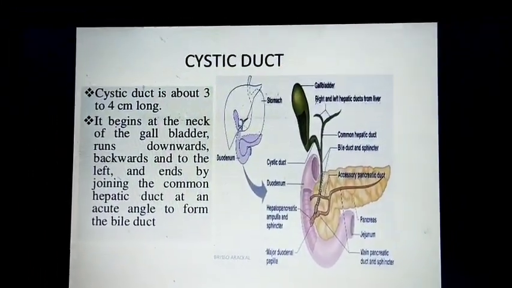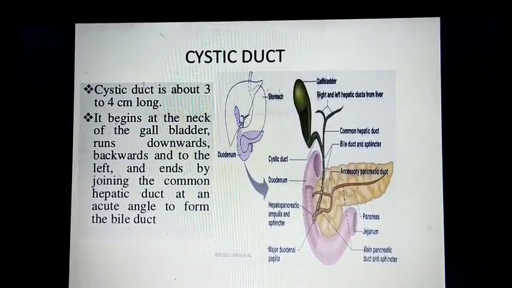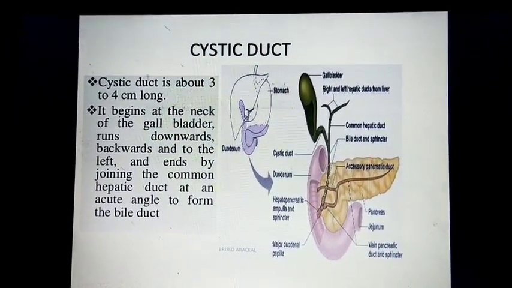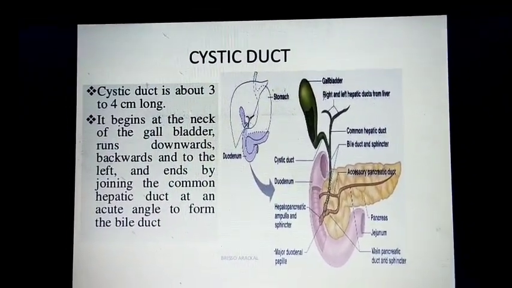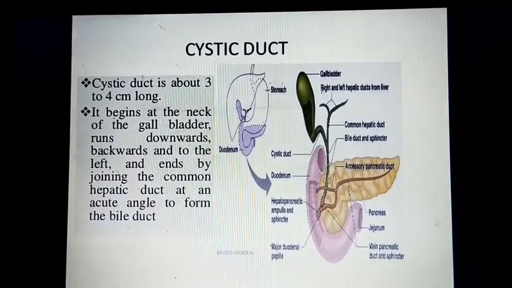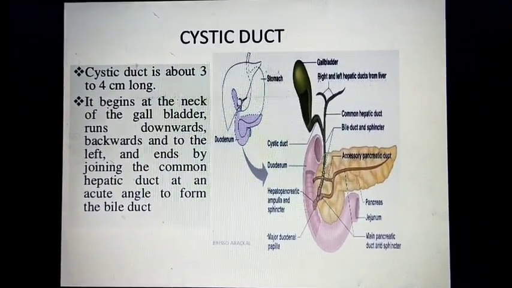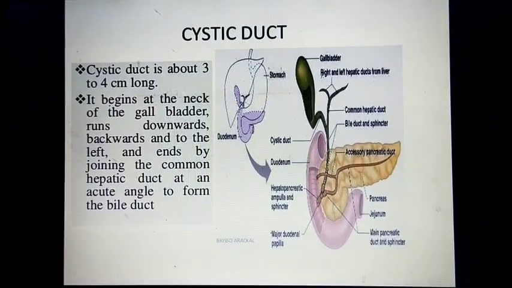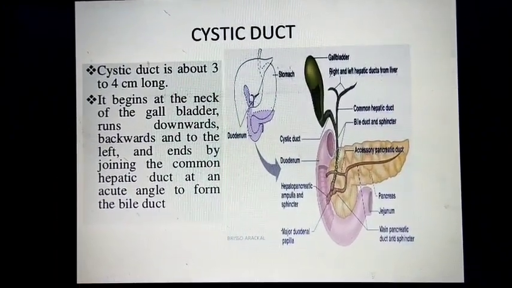Cystic duct. The cystic duct is the continuation of the neck of the gallbladder and runs downwards and backwards and joins with the common hepatic duct, continuing as the common bile duct. The cystic duct is about 3 to 4 cm long and 5 mm in diameter.